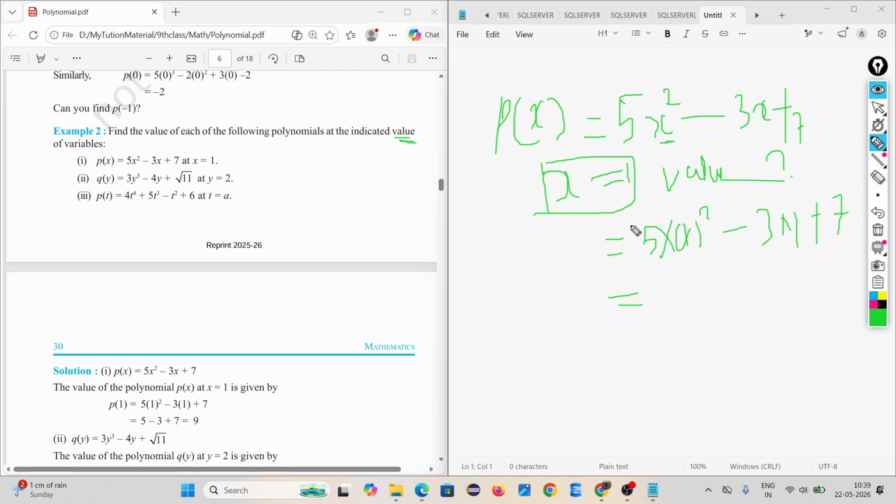In place of the variable, you have to put the value given by the question. 5 into 1 square, 1, minus 3 into 1, 3, plus 7. 5 minus 3 plus 7. It will be 9. This is the polynomial of x variable having value 9 at x equal to 1. Like this you have to do.